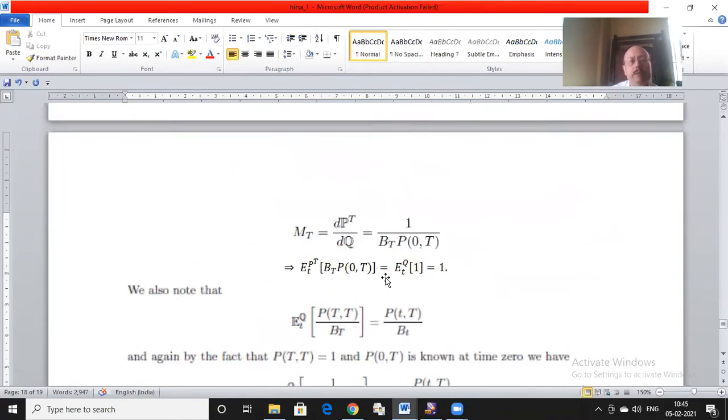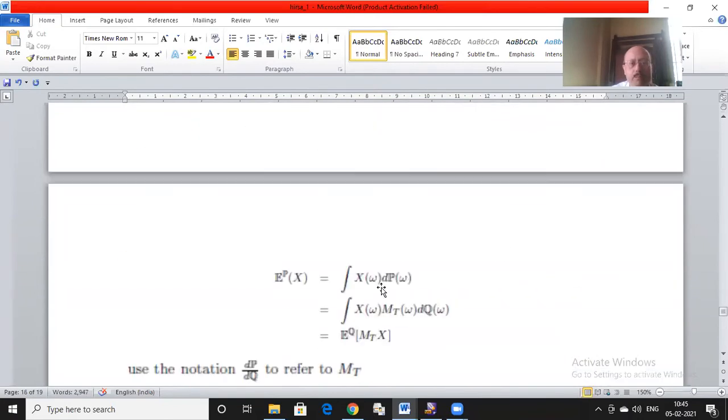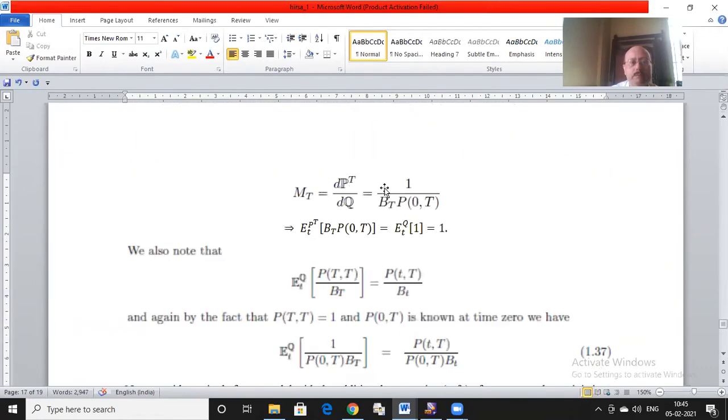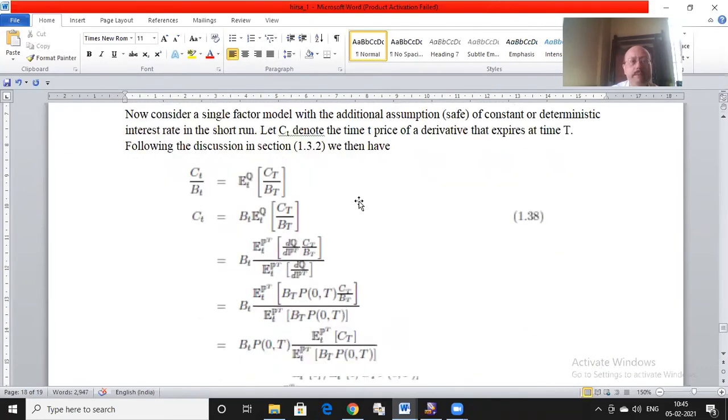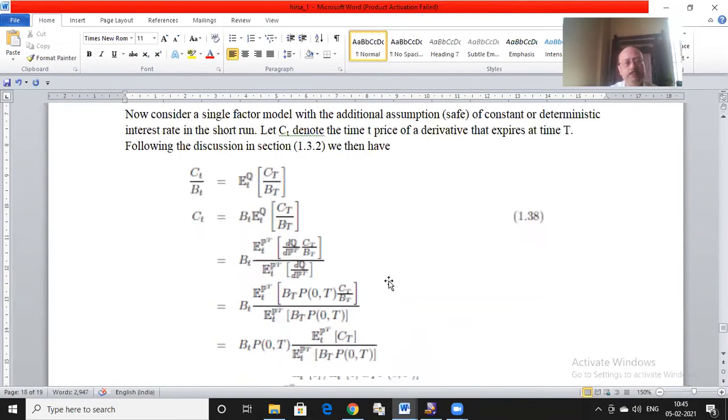Now, following the previous discussion, this change of probability measure discussion that we did here, what we can say is Ct by Bt. So Ct is expressed in terms of my numerator, the bond. I am expressing everything as a ratio with respect to the bond. That must be equal to the expectation of the terminal ratio.